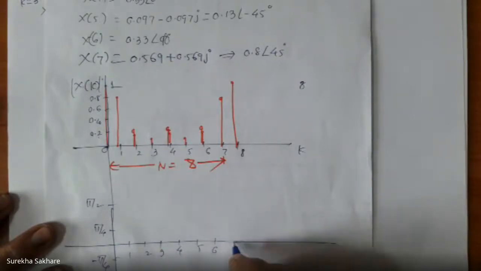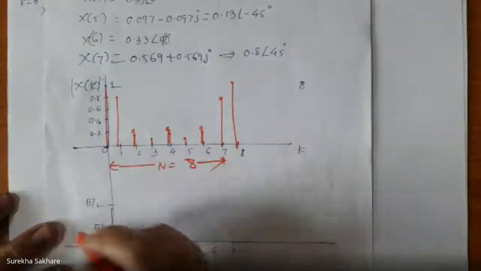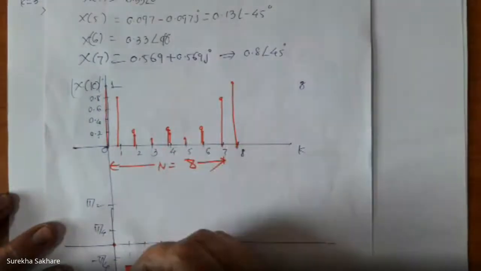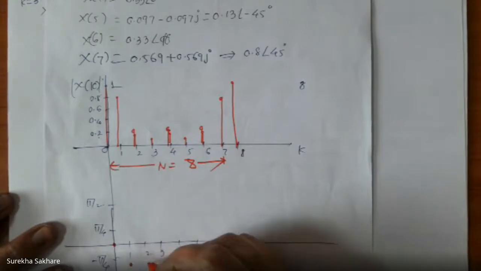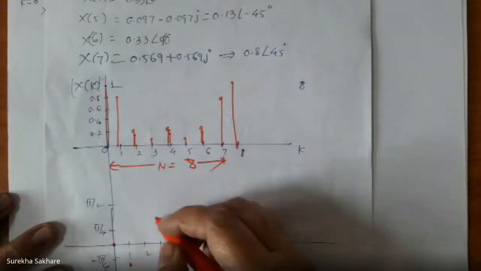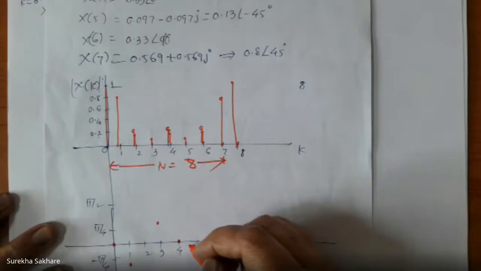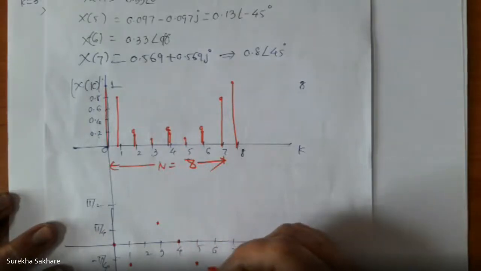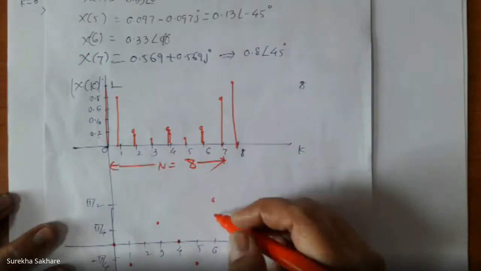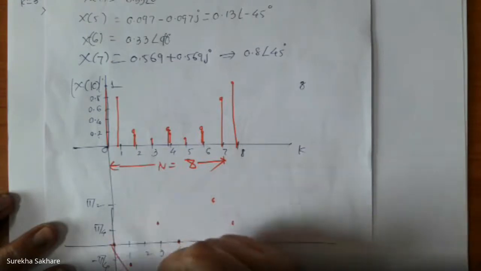So we are having x0 is 0, x of 1 is 45 degrees, x of 2 is minus pi by 2 like this, 3 is 45, 4 is 0, 5 is minus 45, then 6 is pi by 2, then 7 is 45. So we are getting values like this.